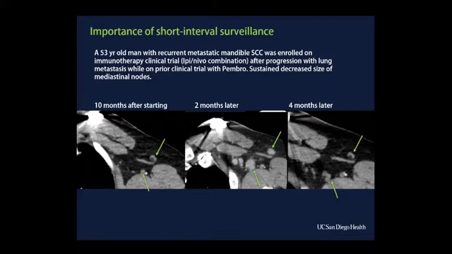And here are his lymph nodes that you can see 10 months after starting, his axillary lymph nodes look perfectly fine. And then 2 months later, he had bulky left axillary adenopathy. And then 4 months later, they're back to normal again. So this is an interesting pattern that we're seeing again. He was actually being considered for enrollment in another trial, but the nodes had returned to a normal appearance.